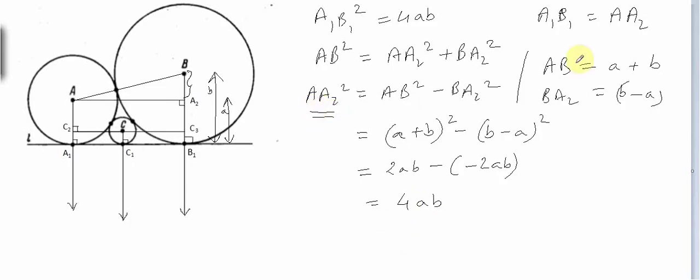And A2 is nothing but A1 B1. So A1 B1 square is equal to 4AB. Hence this is also proved.